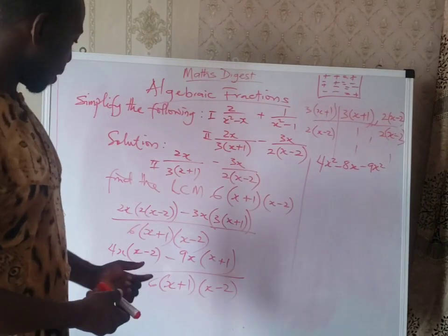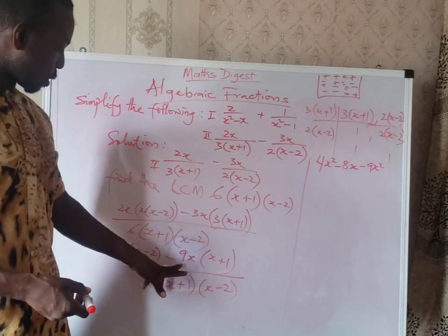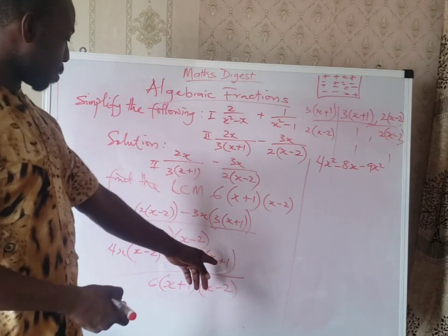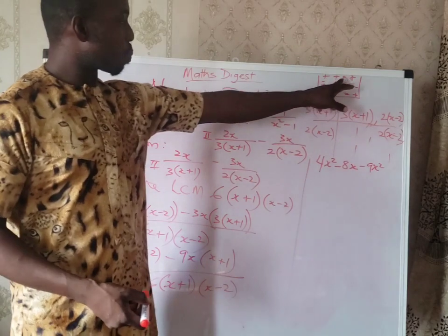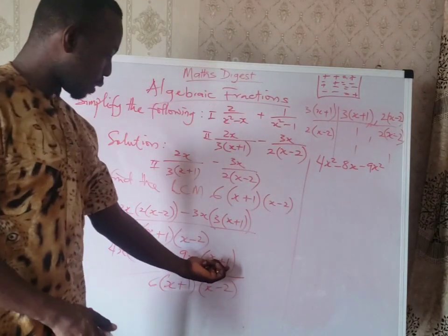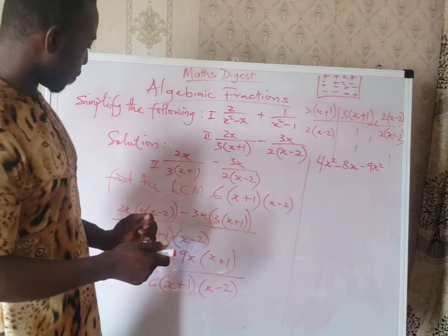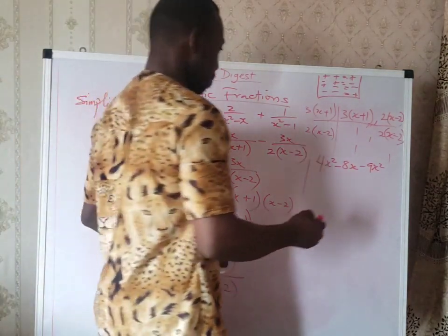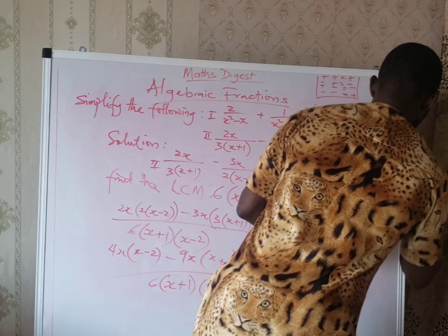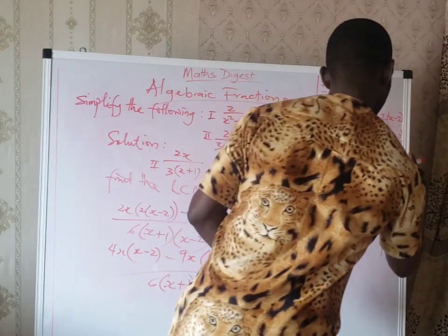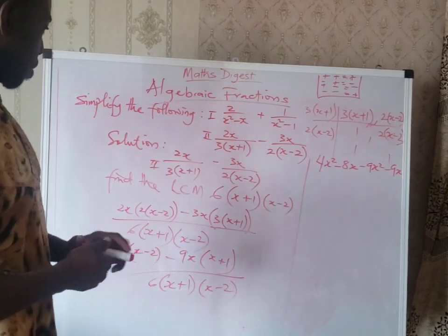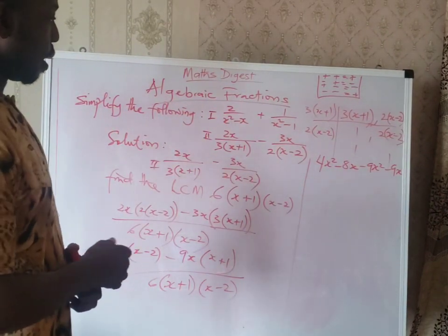Again, minus 9x multiplied by plus 1: minus times plus gives us minus. Anything you multiply by 1 still remains itself, so we now have minus x.